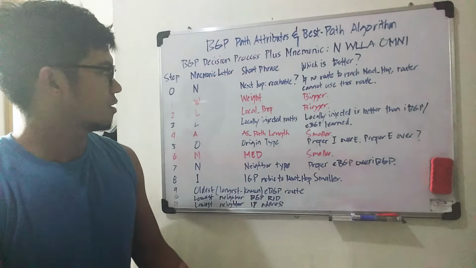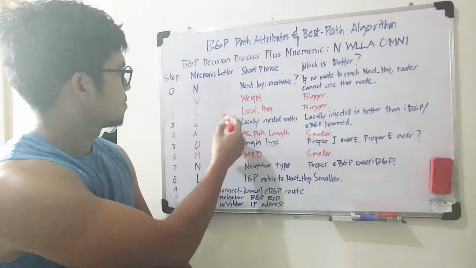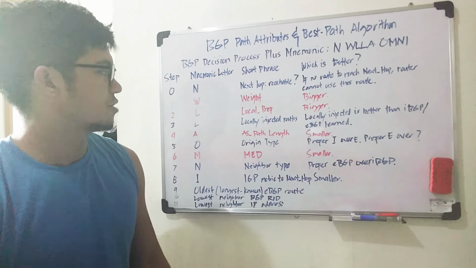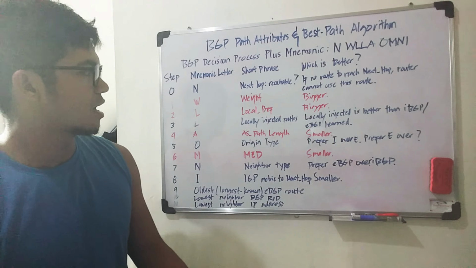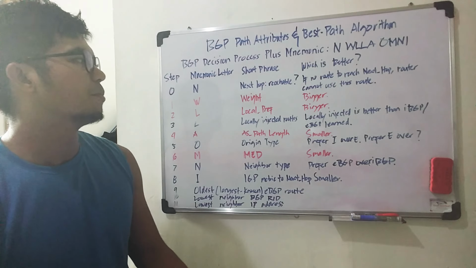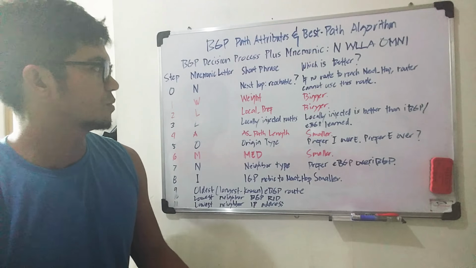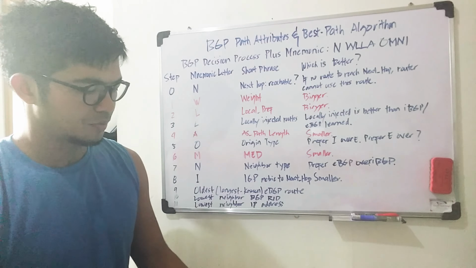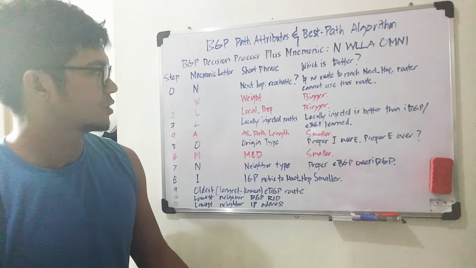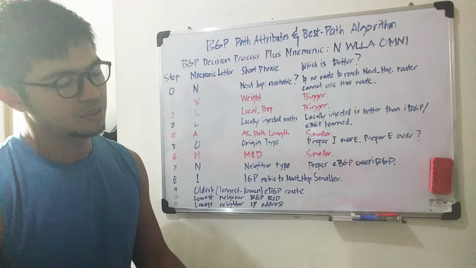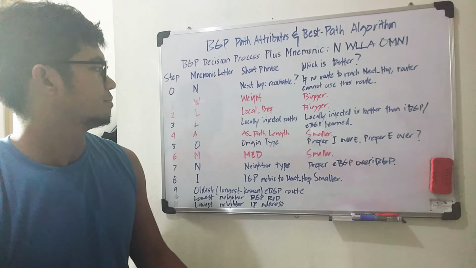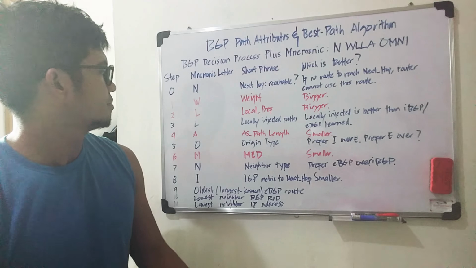And by the way, these four that are in red are the ones that you can manipulate, or use to influence the BGP path selection.